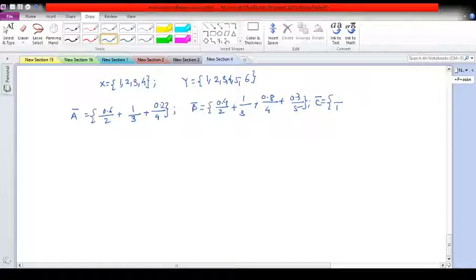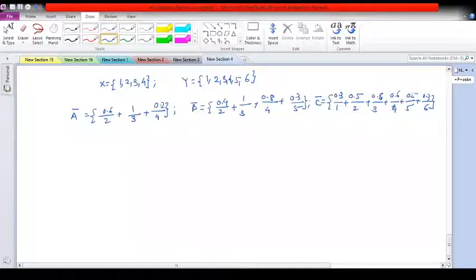So suppose for 1 the membership is 0.3, for 2 the membership is 0.5, for 3 the membership is 0.6. Similarly for 4 say the membership is 0.6, for 5 say 0.5, and for 6 say 0.3.